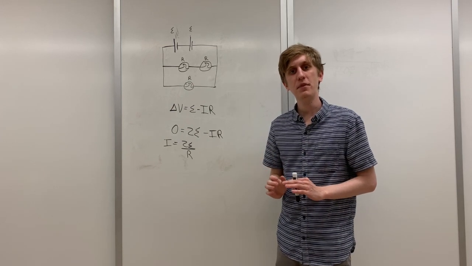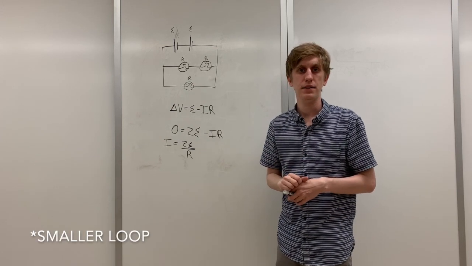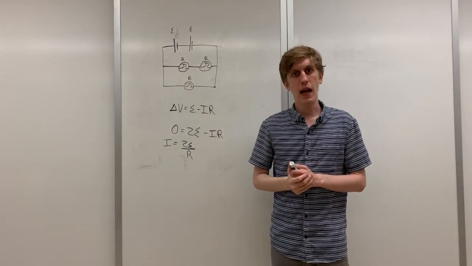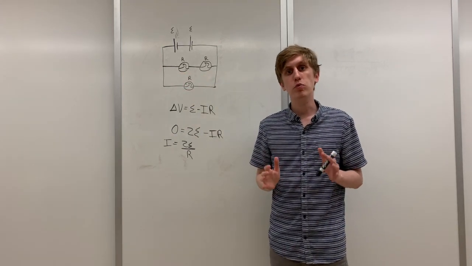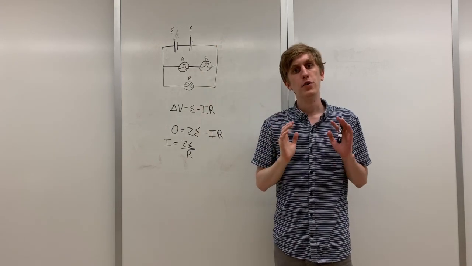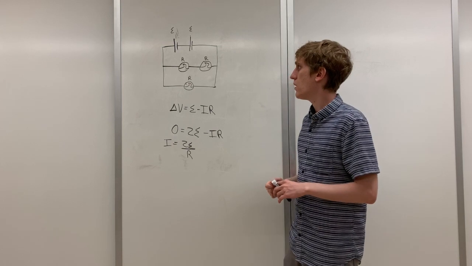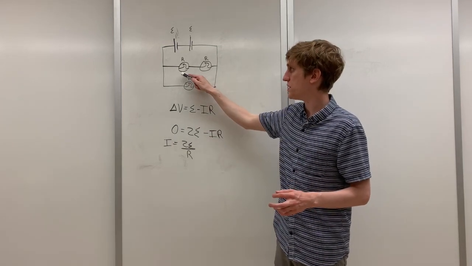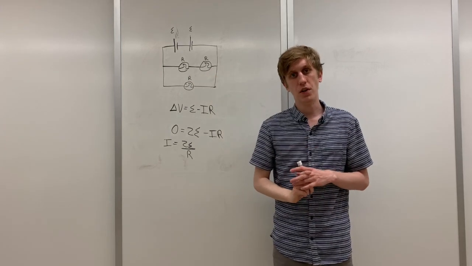Now let's do the same thing, but for the smaller case. We want to know the current passing through these two light bulbs. We'll apply the loop rule again, but instead of going around the large loop, we'll go around the small loop. First thing we need to ask ourselves is what is the equivalent resistance of these two resistors?